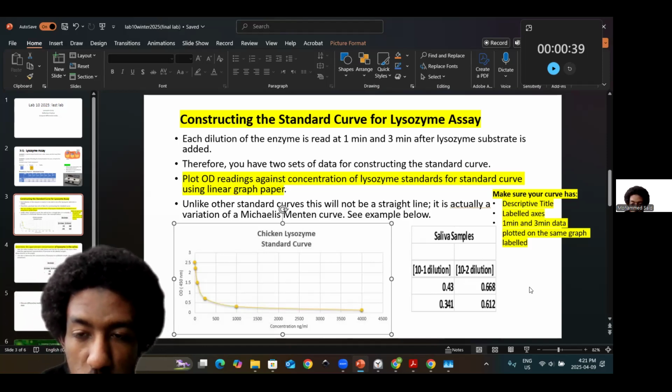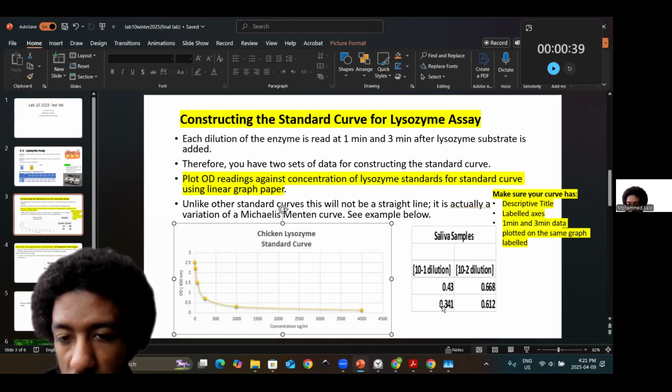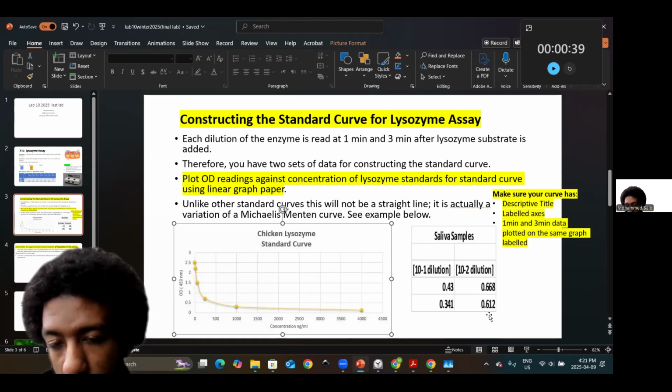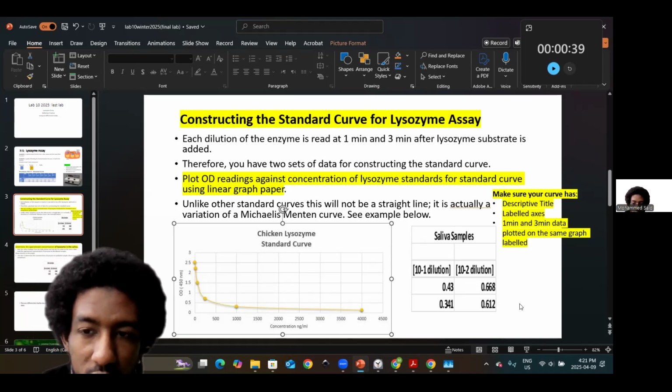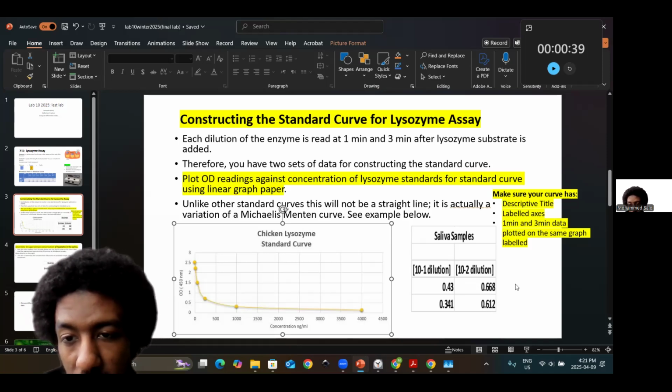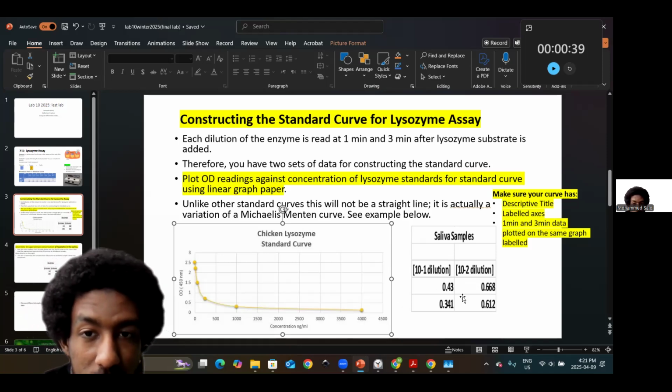Then the average for patient 1 would be 3.5 micrograms per mil. Whereas this could hypothetically be 6 micrograms per mil, and this 7, so the average would be 6.5. And so you can depict the relative abundance: patient 2 maybe has more than patient 1.